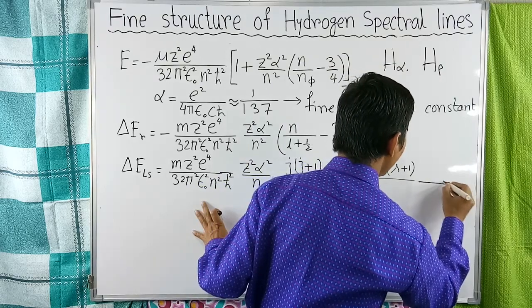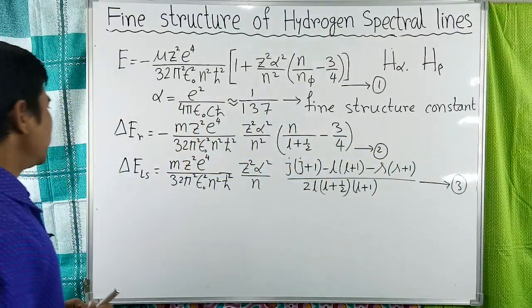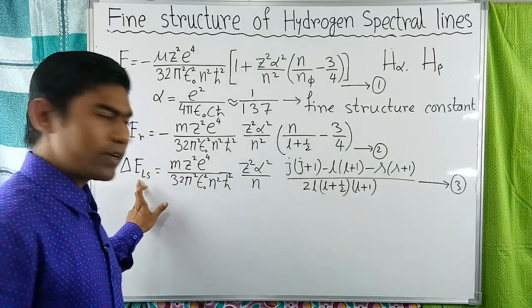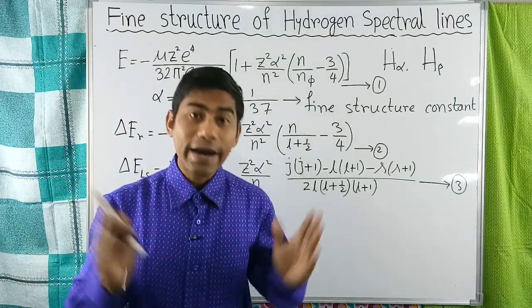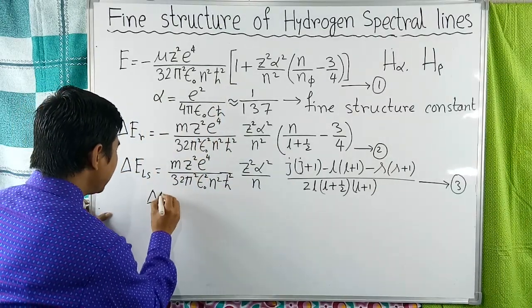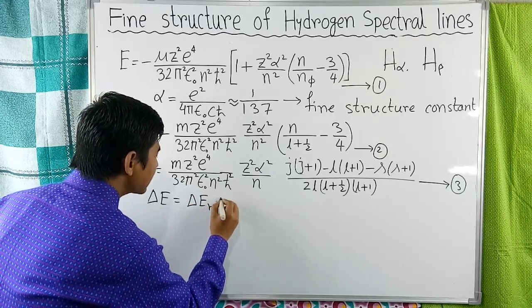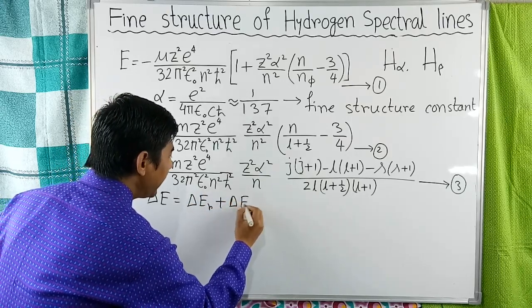Suppose this is equation 3. So this is delta E Ls. So the total correction for energy is delta E equals delta E R plus delta E Ls.